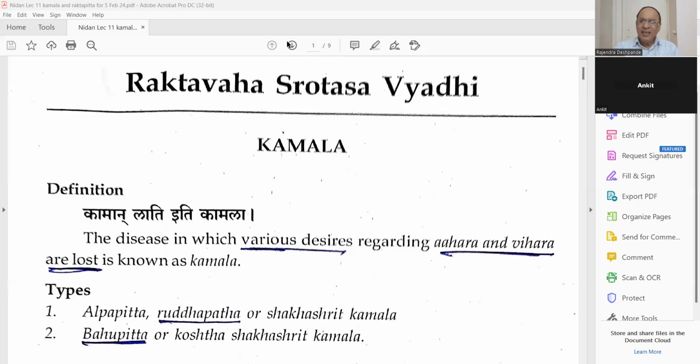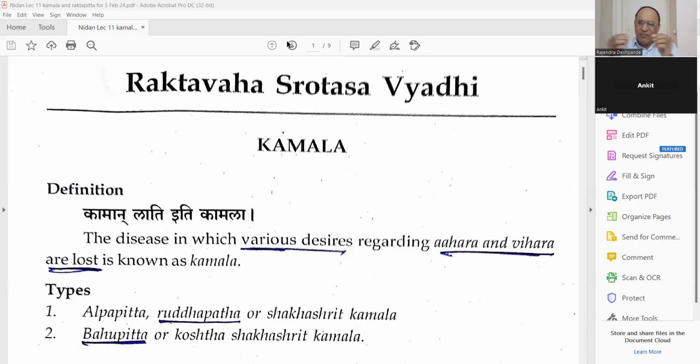But simultaneously, there are other organs also connected with the Rakta Dhatu. For example, Hridaya, Rakta Vahini or the blood vessels. Also, there are different things, temperature regulation, then color and complexion, which is expressed by the skin.